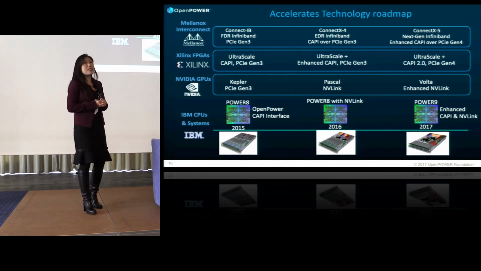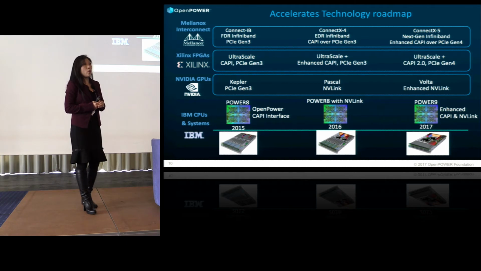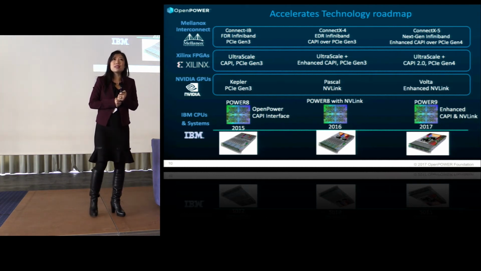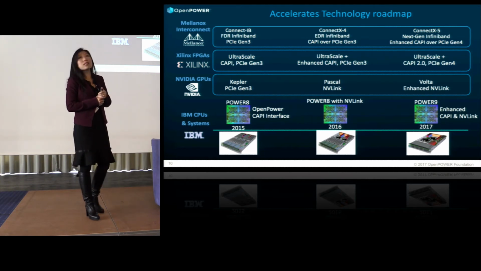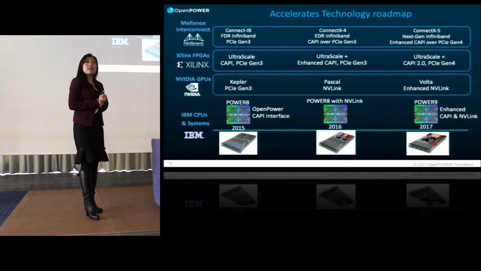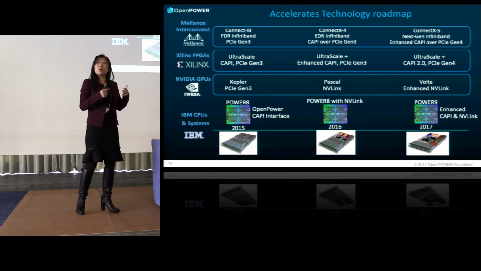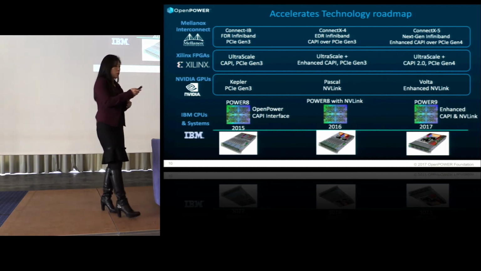The first one is PCIe and CAPI. We built it across generations, which Jeff will discuss more in his presentation, and we'll have alignment with FPGA partners such as Xilinx. Also on NVLink, this is something I will discuss a little bit more in depth in this presentation. We'll have alignment with NVIDIA, so you can get that GPU to CPU speedup and also bandwidth gain as well.